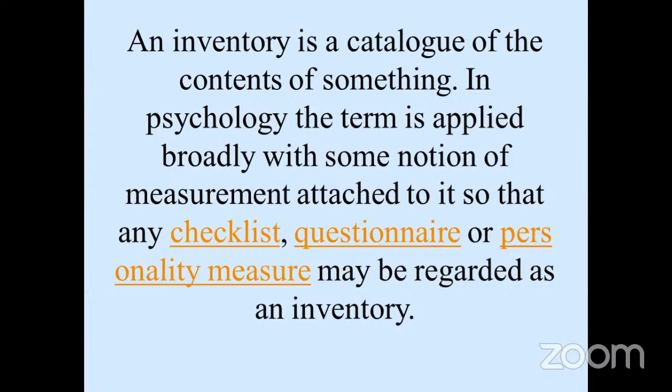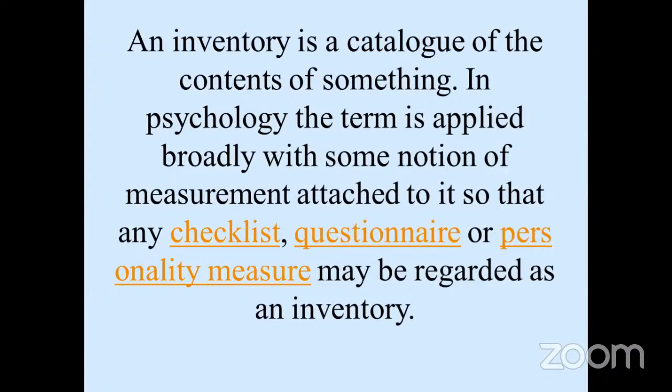In psychology, we use this term broadly with the notion of measurement attached to it, that there can be a checklist or a questionnaire or a personality measurement. So there are different types of inventory. For attitude measurement, we have the Minnesota Teacher Attitude Inventory, which is the MTAI.